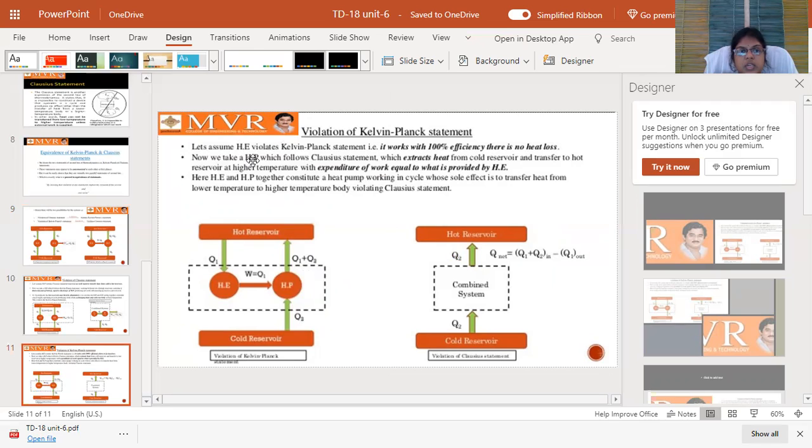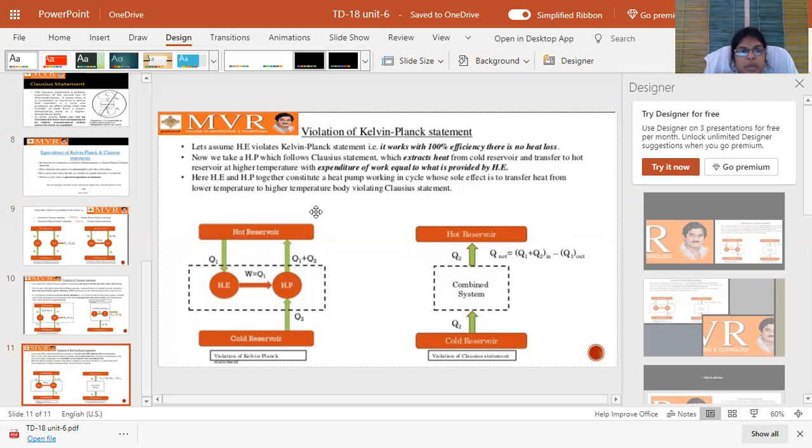Let us assume the heat engine violates the Kelvin-Planck statement. That is, it works with 100% efficiency, with no heat loss. Now we take a heat pump which follows the Clausius statement, which extracts heat from the cold reservoir and transfers it to the hot reservoir at high temperature, with expenditure of work equal to what is provided by the heat engine.